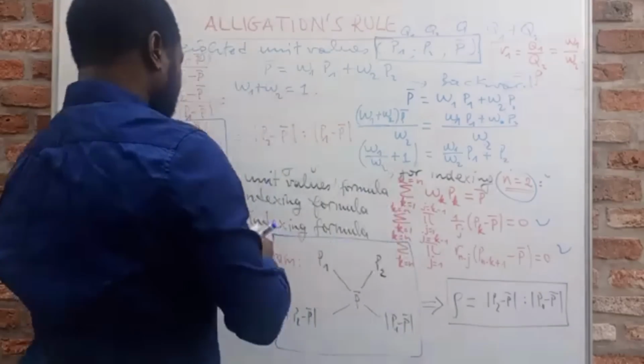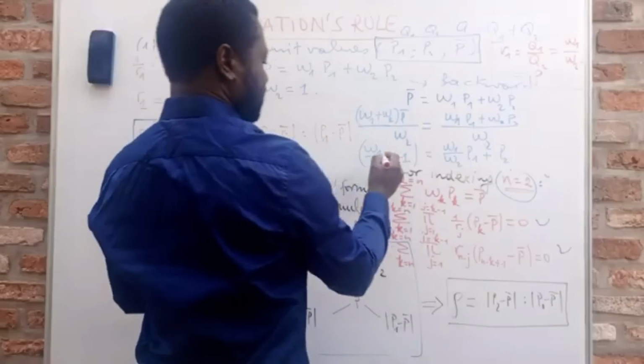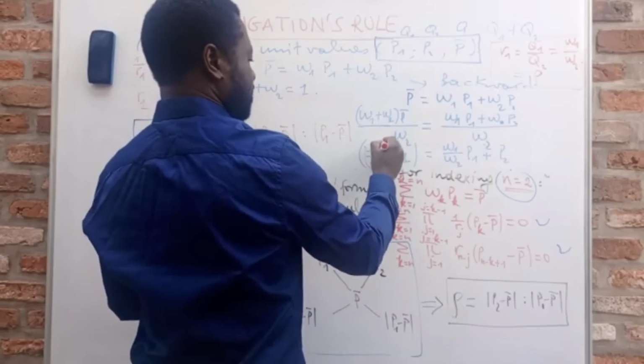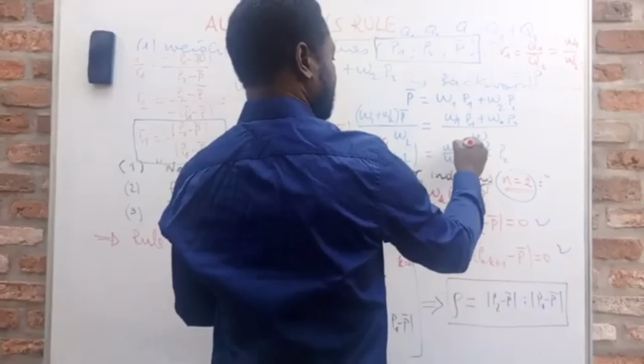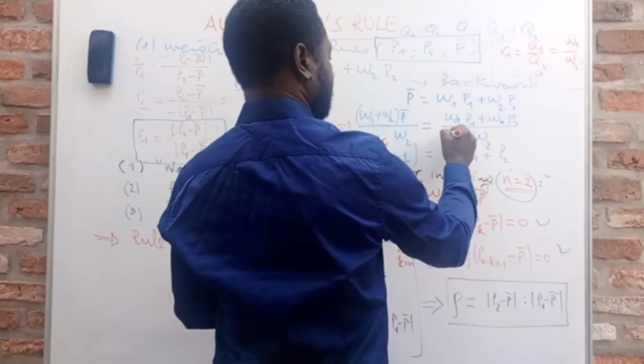Now, in this equation, this is the ratio. Call it r sub 1 and r sub 1 here.